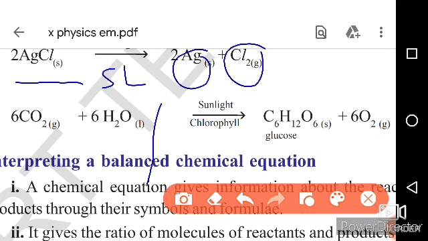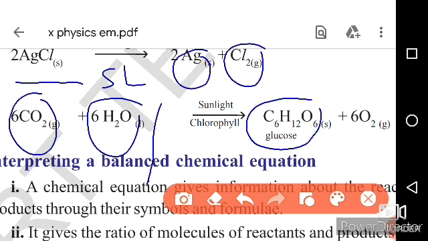Next, in the second equation, CO2 and water combine together and form glucose. It is formed in plants. Plant leaves use CO2 and water in the presence of sunlight within the chlorophyll.